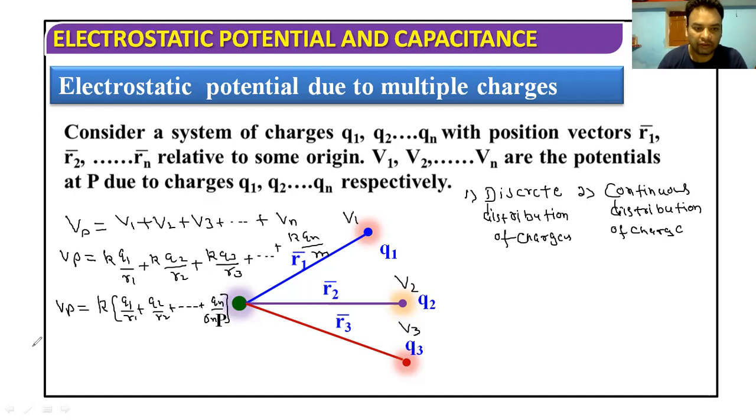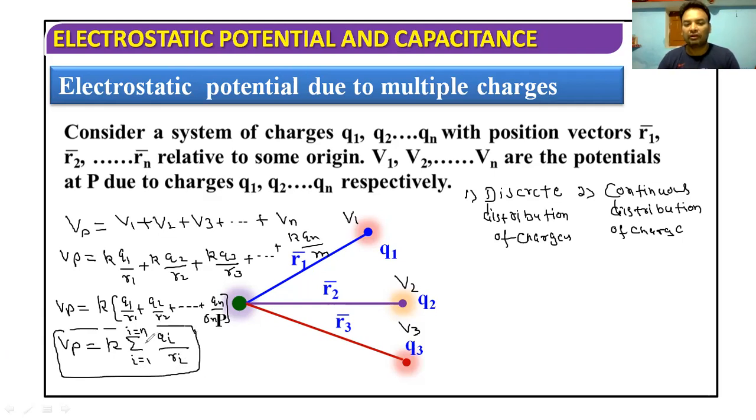So we can write Vp is equal to K summation i from 1 to n of Qi upon Ri. This is the net potential at point P due to n discrete charges distributed in some space.